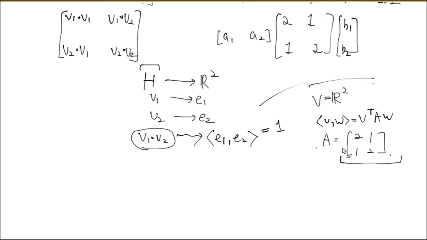Under this isomorphism, this inner product represents the dot product, right? The dot product already satisfies positivity and definiteness. So whatever matrix you obtain from this process, you can generalize to a 10-dimensional vector space, whatever. The matrix you always get is positive definite and symmetric.